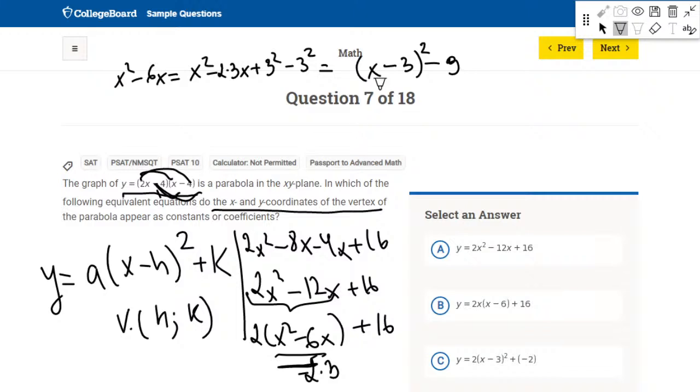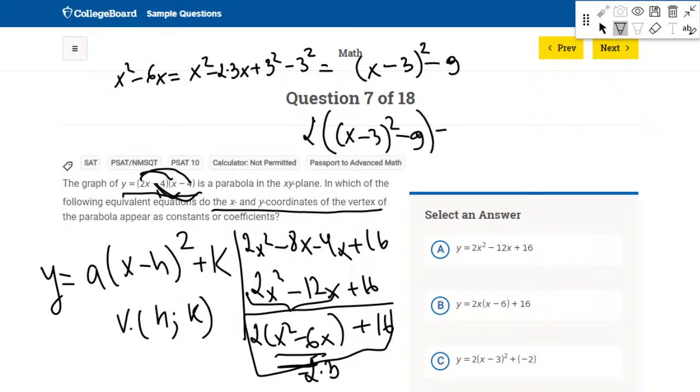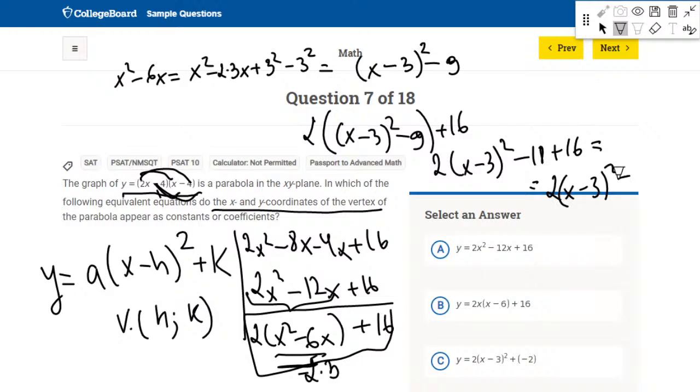So I just put it here. What I get: 2 multiplied by x minus 3 squared minus 9, plus 16. Here I get 2 times x minus 3 squared minus 18 plus 16, and this would be equal to 2 times x minus 3 to the power of 2 minus 2.